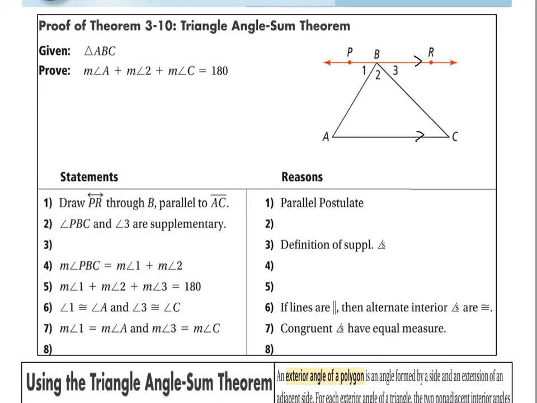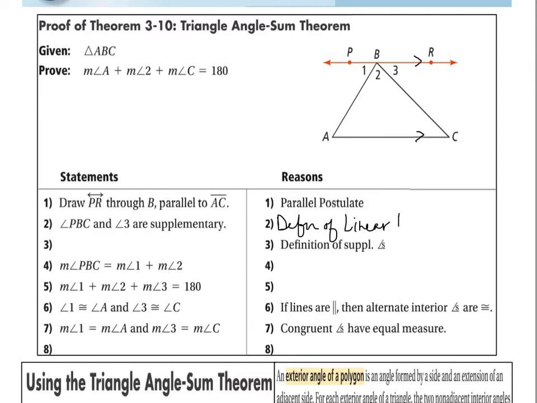It says angle PBC and angle 3 are supplementary. Let's take a look here. Angle PBC and angle 3, which is this angle right here, add up to be 180, and my reason for that would be the definition of linear pair.